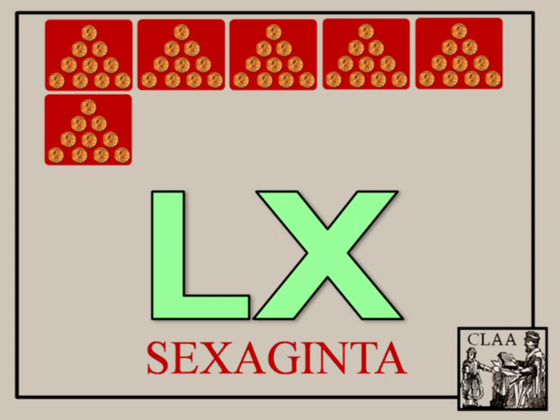In Latin, sexaginta is the equivalent of 60. 6 sets of 10 is sexaginta. To count from sexaginta is very simple. We say sexaginta unus, sexaginta duo, sexaginta tres, and so on, just as before. 6 sets of 10, 60, sexaginta.